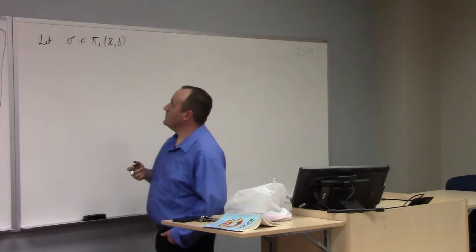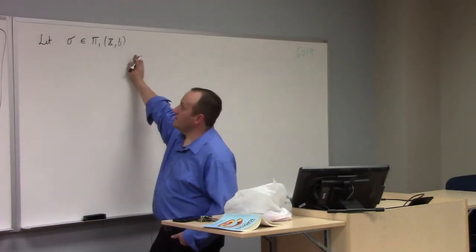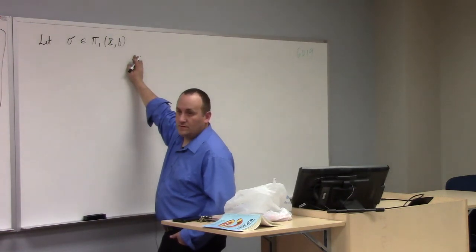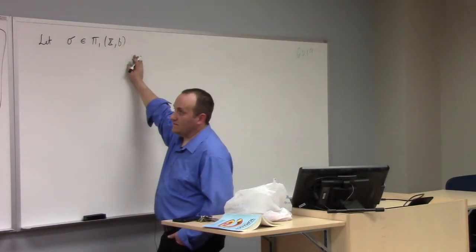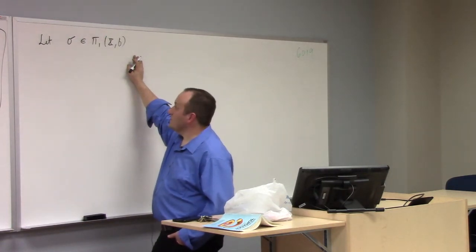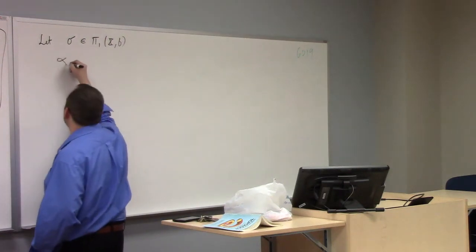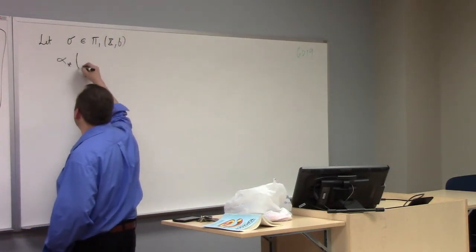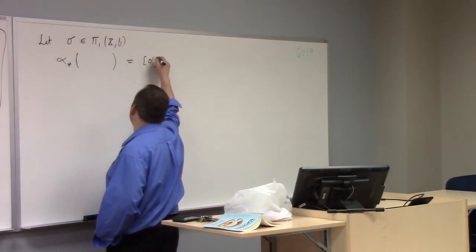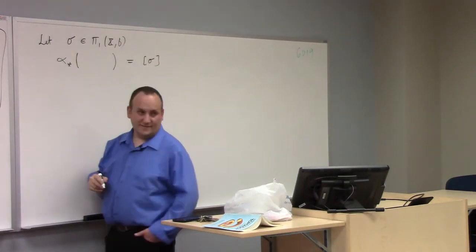My goal is to find a loop at C that maps to that. So I'll let you guys do the work. Alpha star of fill in the blank equal to sigma.